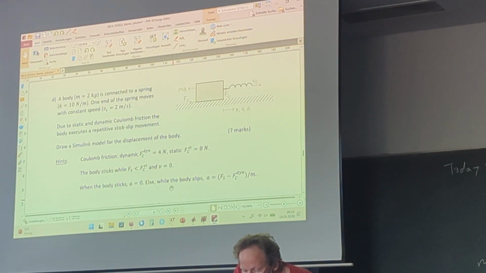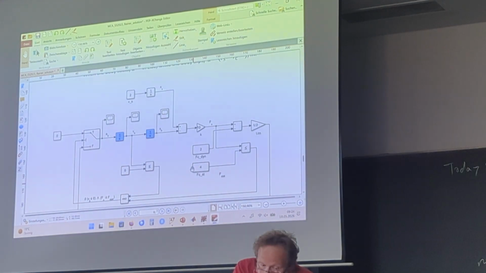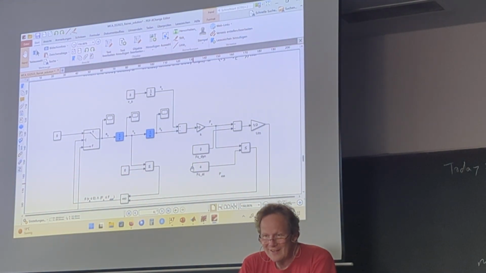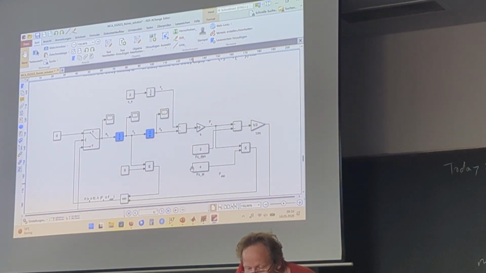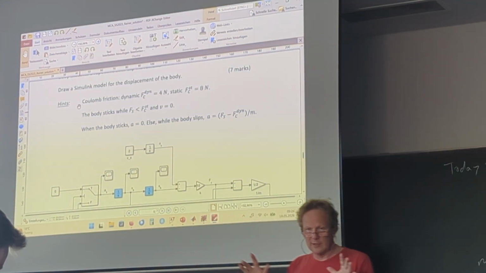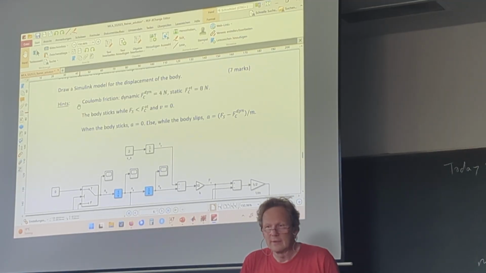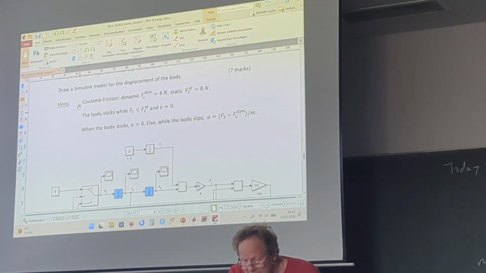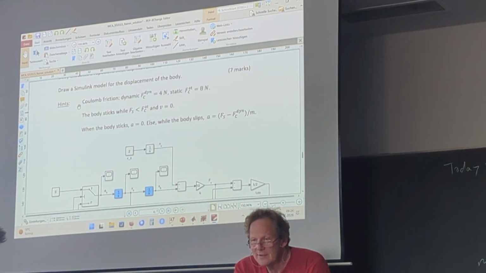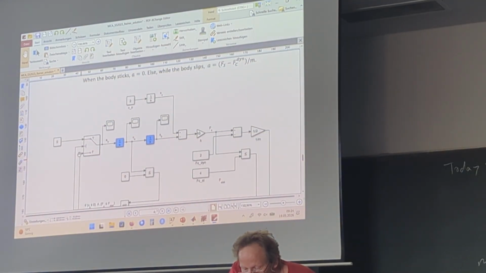And there's an explanation here what the model should do, and then you should be able to reproduce this. It's a bit complex, I know, but honestly, the number of these possible models is very limited. Okay? Just look through the example exercises, and then you see maybe it's 3 or 4 such models. Okay.